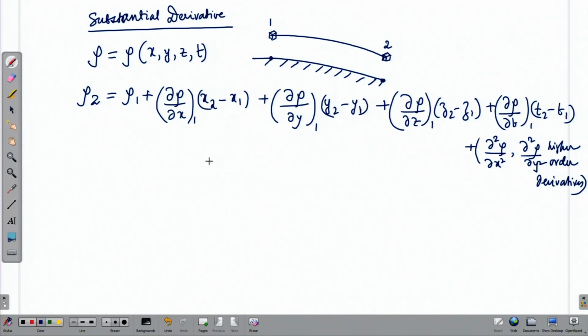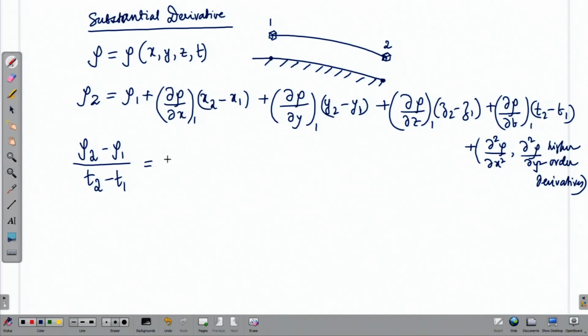Okay. Now, if you divide this expression, both sides of it, by taking the rho 1 to the other side and then dividing it all through by t2 minus t1, what will you be left with?